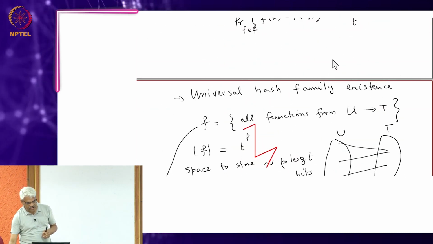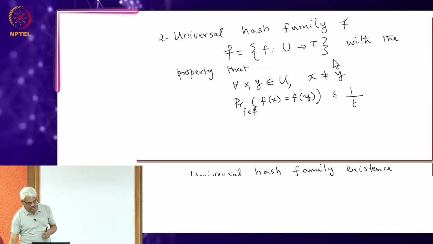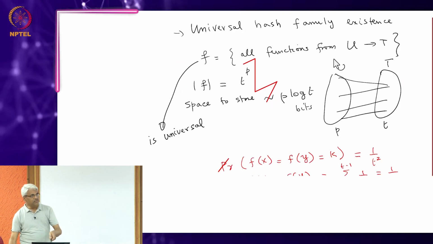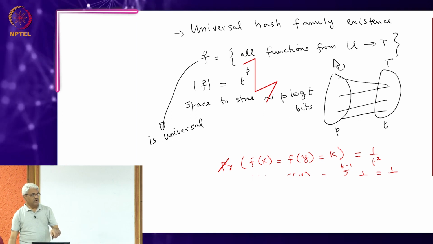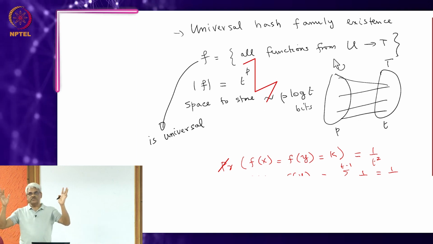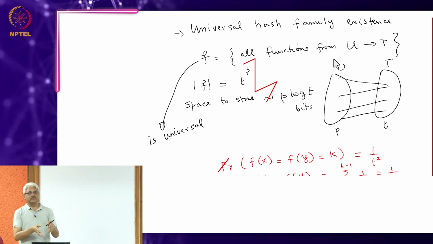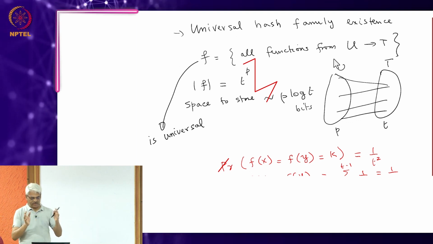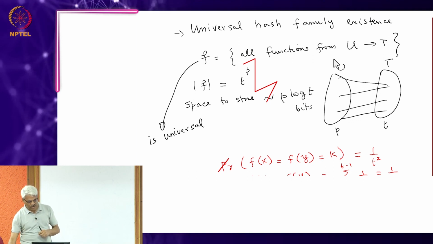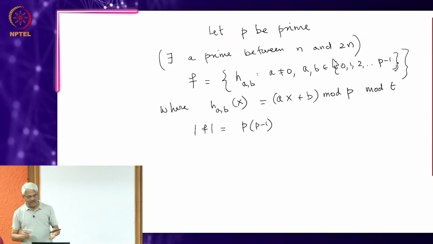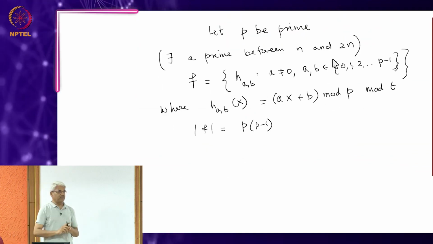Contrast this with the size of the family of all functions, which is t to the power p. We said all functions is 2-universal, but it is too large a family, t to the power p, and storing that takes p log t bits, which is too much. But I am going to give you another family which has only about p squared elements, and so the space to store is like 2 log p bits.